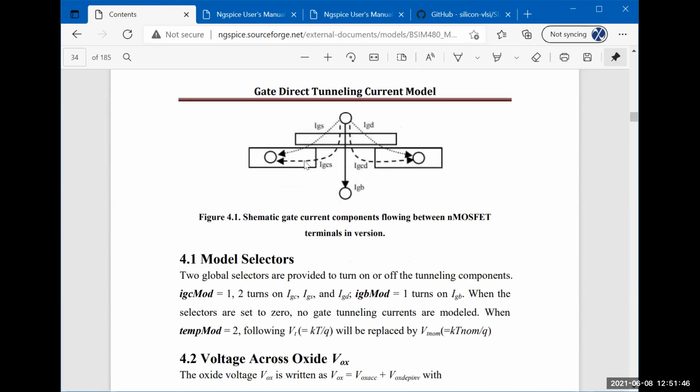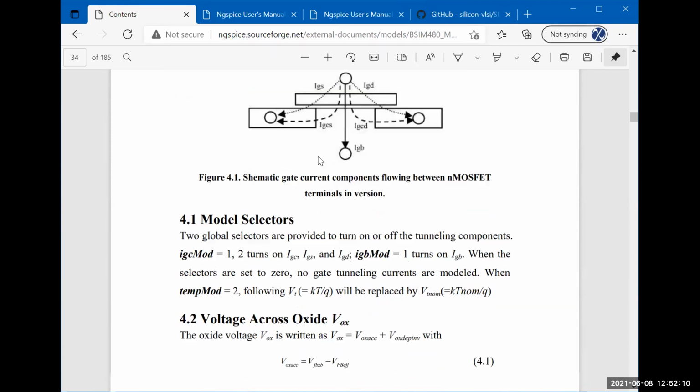Because of that, you get what's called quantum tunneling, in the sense that the probability of finding the electron from this side to this side is no longer zero like before, or close to zero. So it's a large positive quantity. Once you go down to 65, 28 nanometer, and obviously once you get to the 4 and 5 nanometer, you actually get gate currents which are substantial in nature.